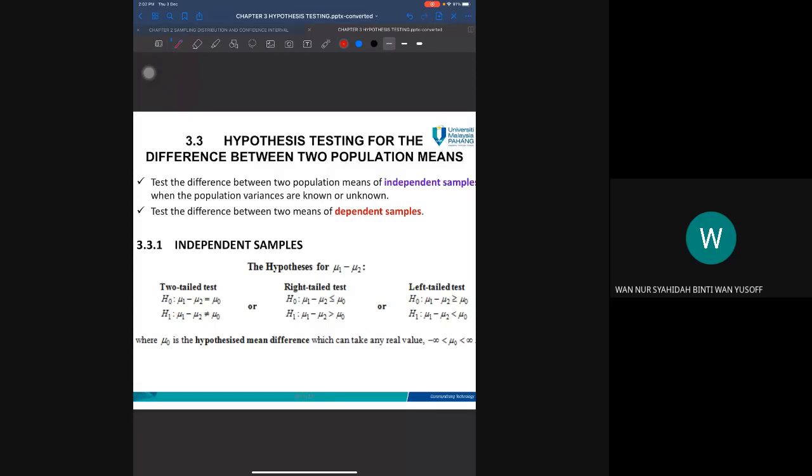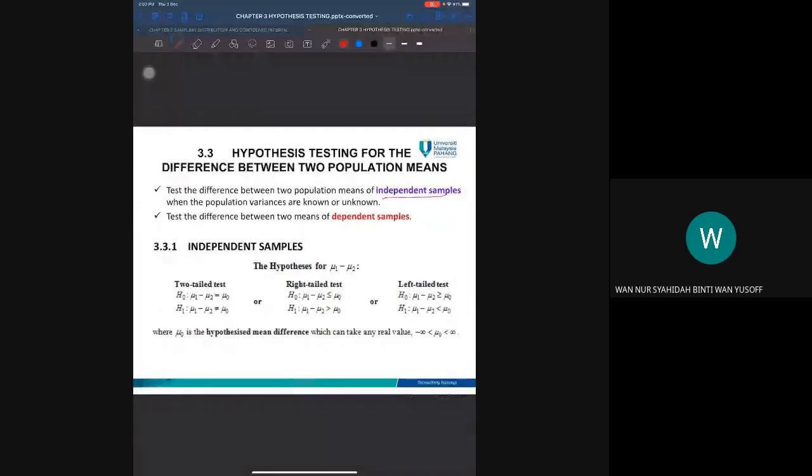For independent sample, we have two different data from two different populations. Population is the subject from where we get the data. That's why for the independent sample, the parameter that we use is mu1 minus mu2. Based on the question, we decide the hypothesis later.